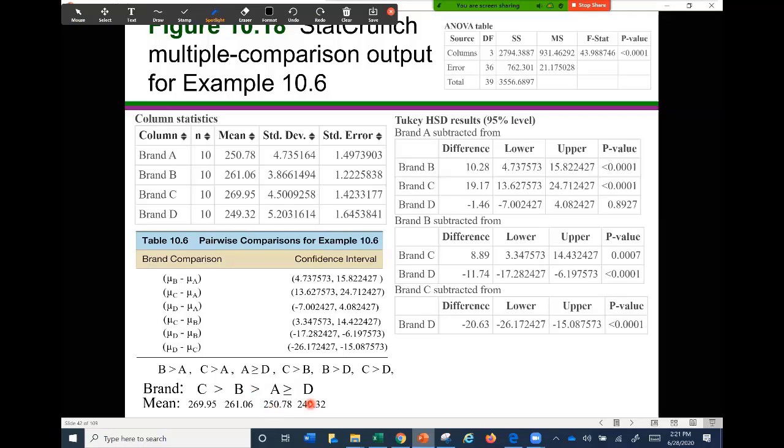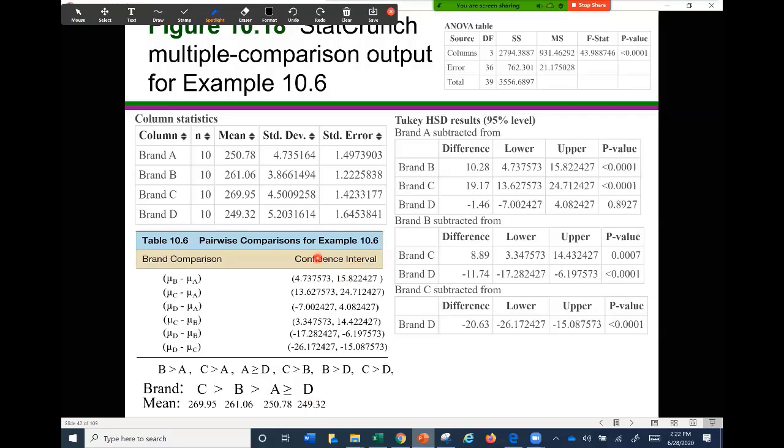There is no significant difference. However, between C and B, there is a significant difference, and between C and A and D, there is a significant difference. Also, between B and A, there is a significant difference, and between B and D also. However, between A and D, there is no significant difference.